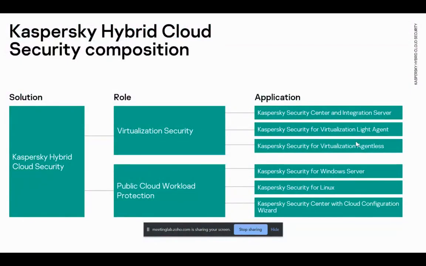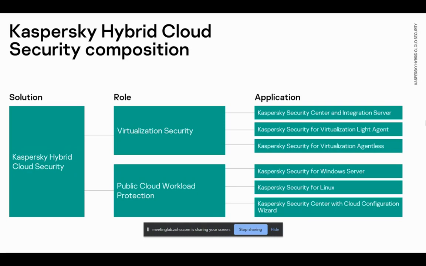As I mentioned, Kaspersky Hybrid Cloud Security is a consolidation, or a bundle, of various Kaspersky solutions. So it's one solution made up of a bundle of other technologies. We have Kaspersky Security Center, which is our single pane of glass management solution.